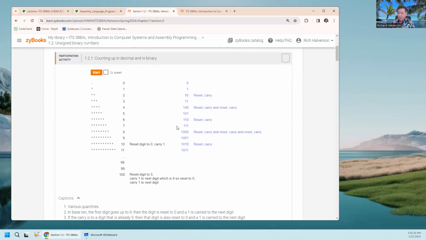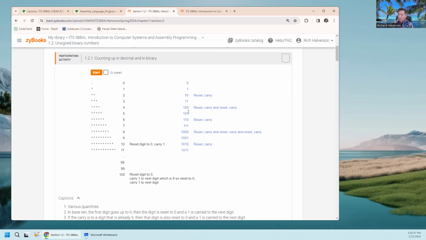Counting up in decimal and binary. So here when we count up to 10, and then we start over again, 0 through 9, and then we start over again. 0, 1, 2, 3, 4, 5, 6, 7, 8, 9. In binary, we only have 2, so 0, 1, and then we have to add a place, and we add a 1 here. This is what comes after 1.